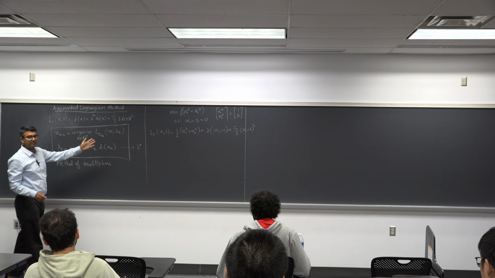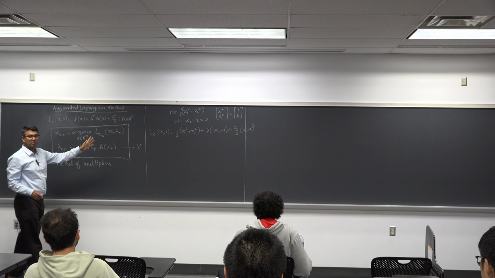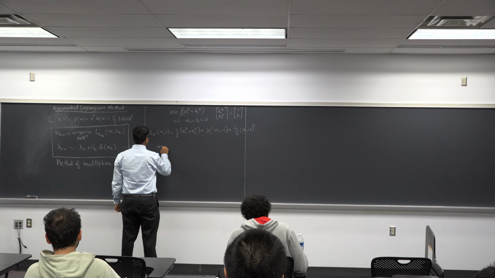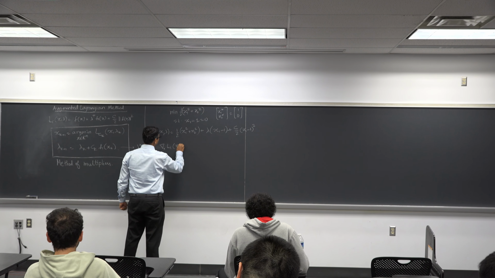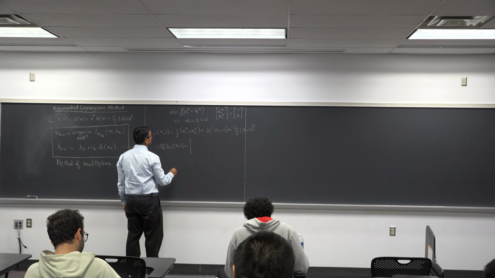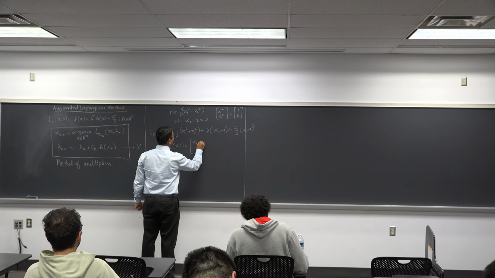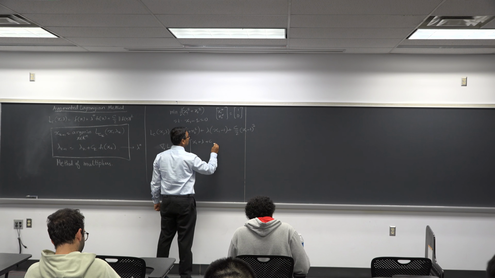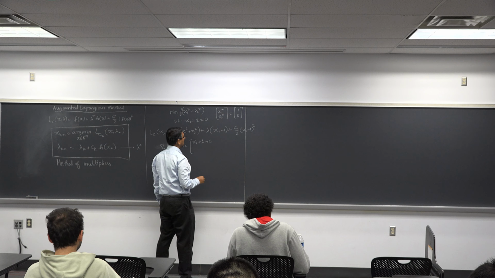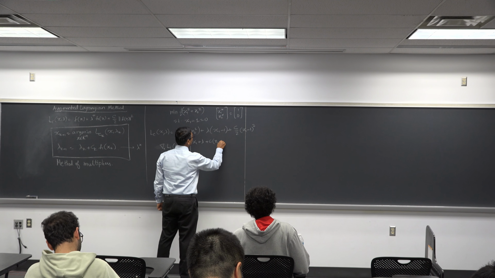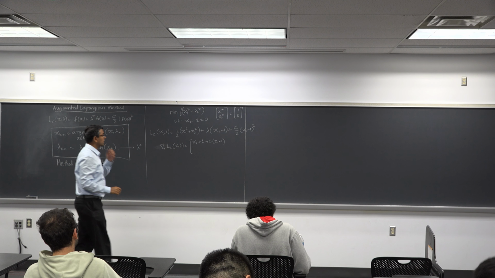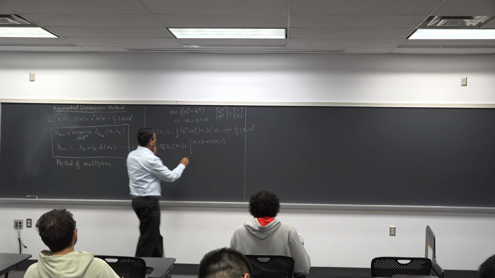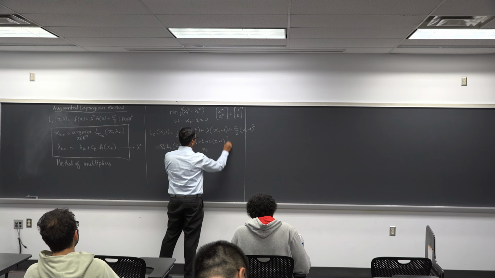I just have to take the first derivative, set it equal to 0, and I get x_k. Let me say what's the gradient of L_c. What is the gradient? It is x1 plus lambda plus c times x1 minus 1. Did I do it correctly? And then for x2, that's it.